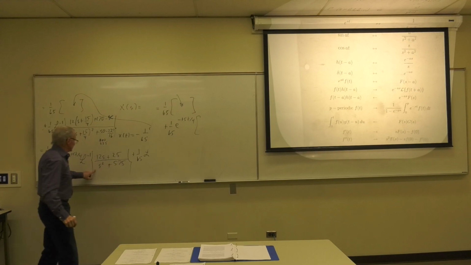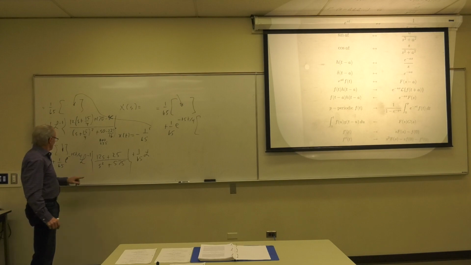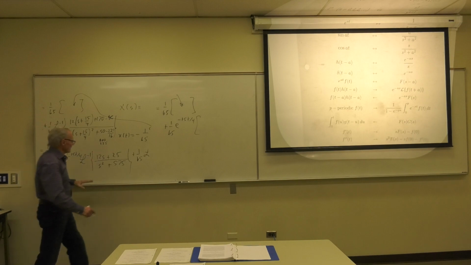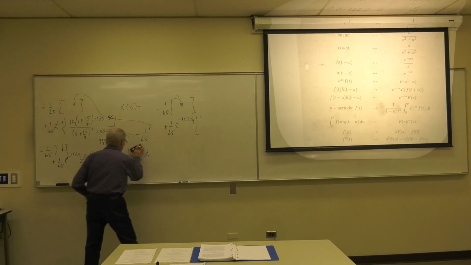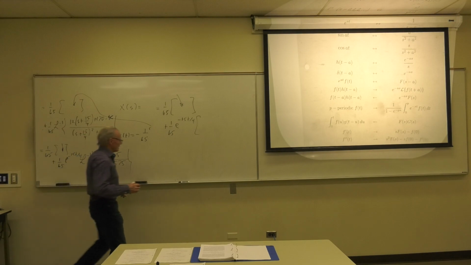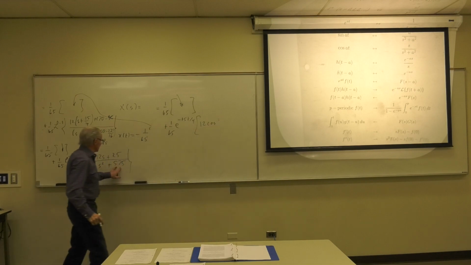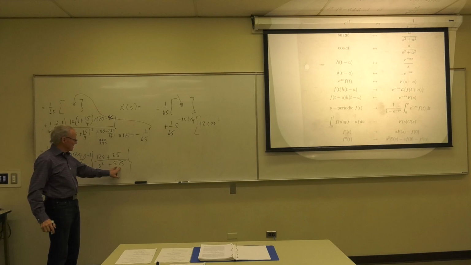Inverting 12s, that was from before. 12s, that's a cosine, 12 times the cosine of the square root of this, square root of 575.